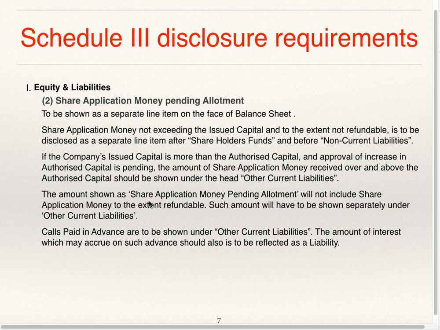The amount shown as share application money pending allotment will not include share application money to the extent refundable. Such amount will have to be shown separately under other current liabilities. Calls paid in advance are to be shown under other current liabilities. The amount of interest which may accrue on such advance should also be reflected as a liability.